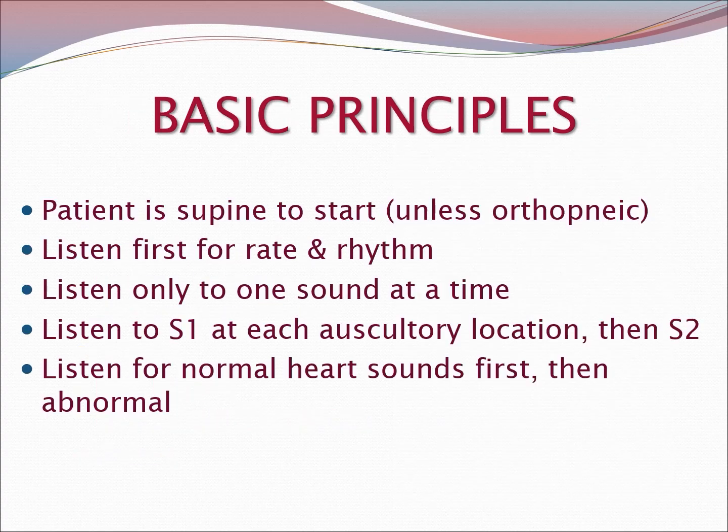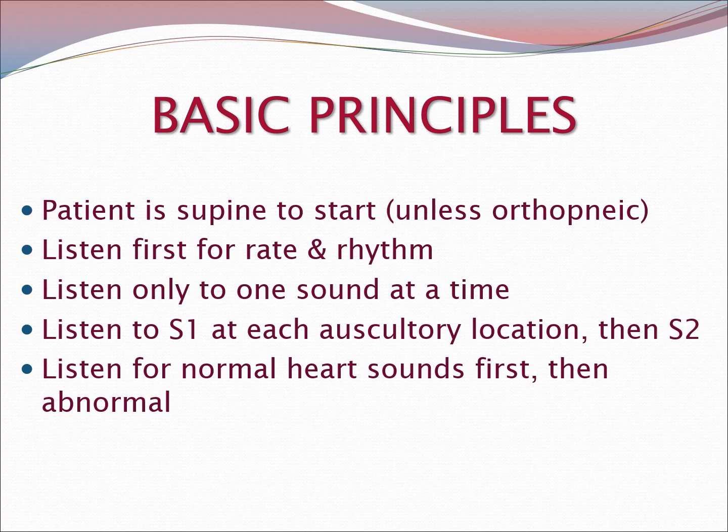The basic principles to auscultating heart sounds is first have the patient lie supine, unless they're orthopneic, then you can raise the head of the bed. You want to listen for the rate and the rhythm. Note if the rhythm is regular or irregular, and then note the rate. Is it fast? Is it slow?